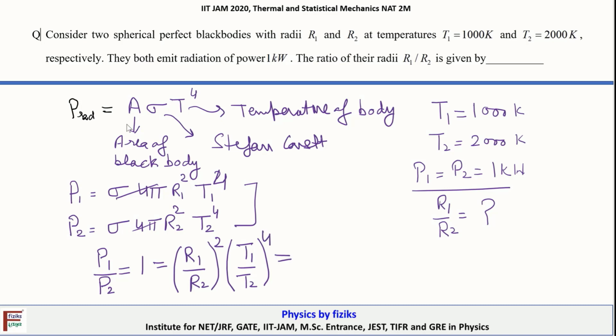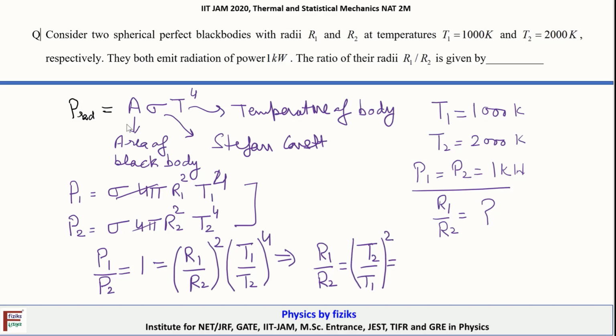After rearranging this expression, ultimately we obtain R1 by R2 equal to T2 by T1, whole square.